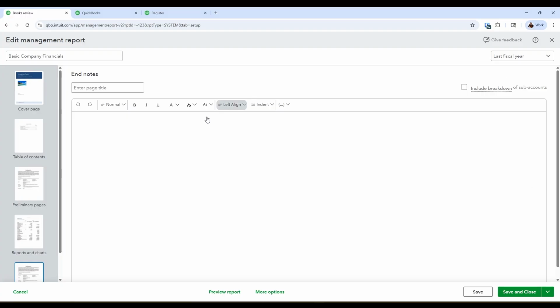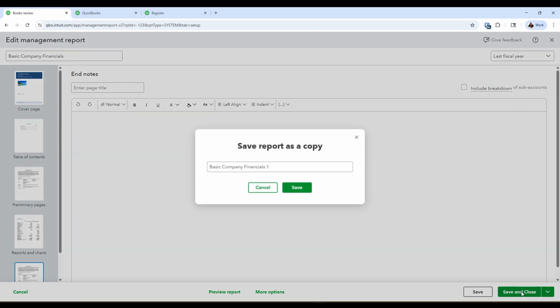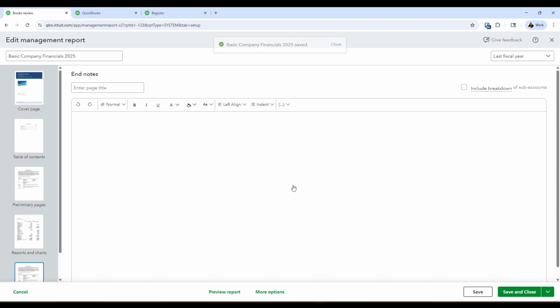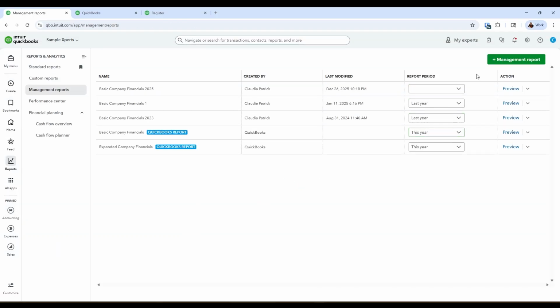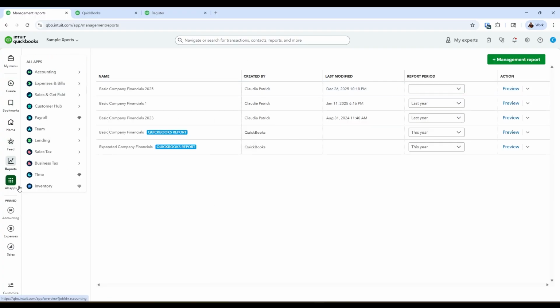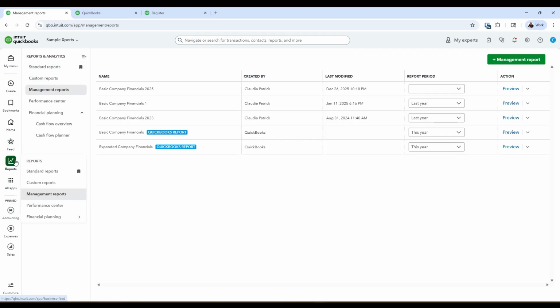Okay, after all is done here, we want to save and close. In this case, I would say 2025, and that shows the whole year. At this point, I can take a look at my management reports, which are under reports.